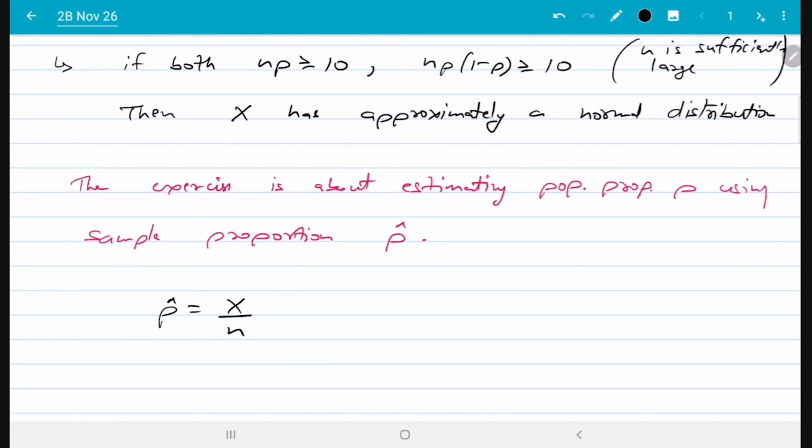Okay, this also we have seen: P hat, defined as X by N, is an unbiased estimator of the population proportion.